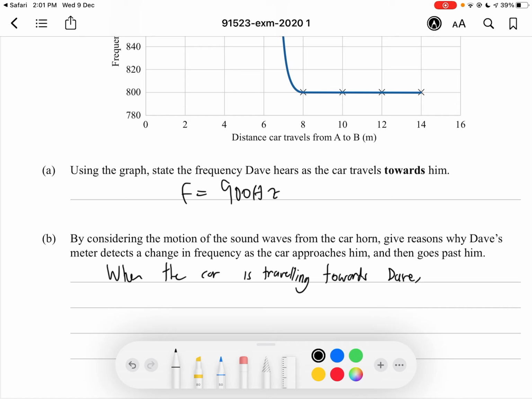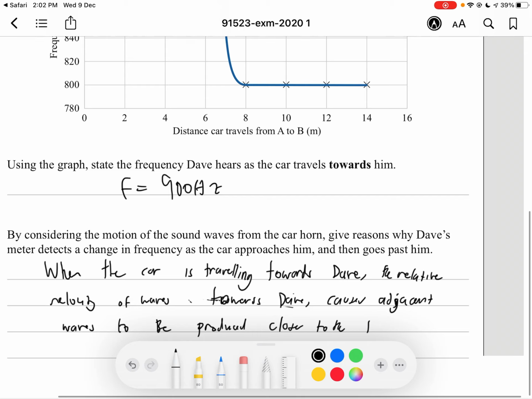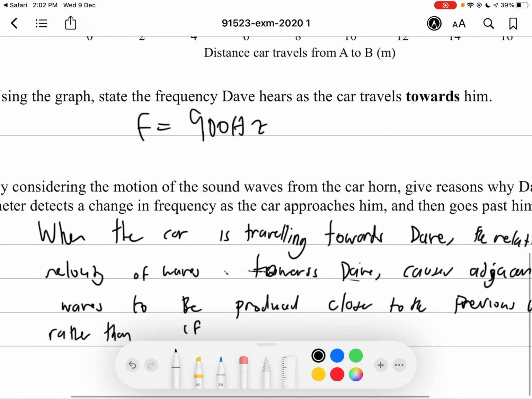When the car is traveling towards Dave, velocity of the car towards Dave causes adjacent waves to be closer to the previous wave than if the car was stationary.